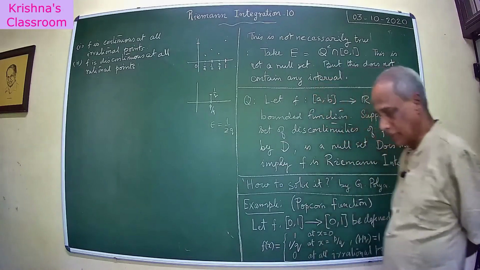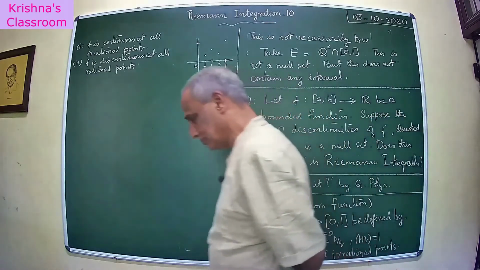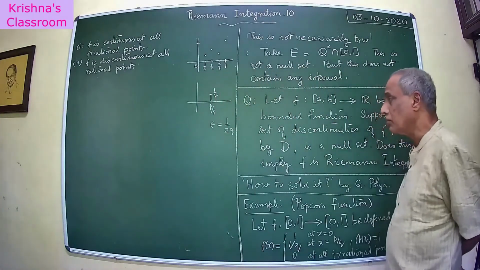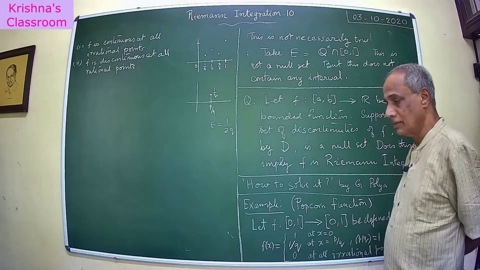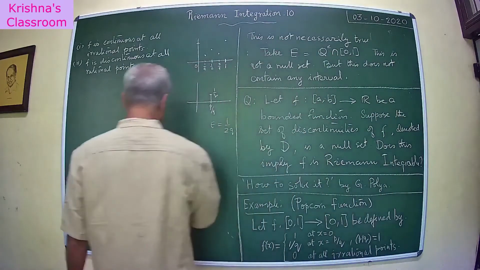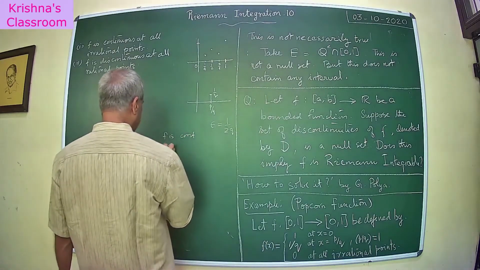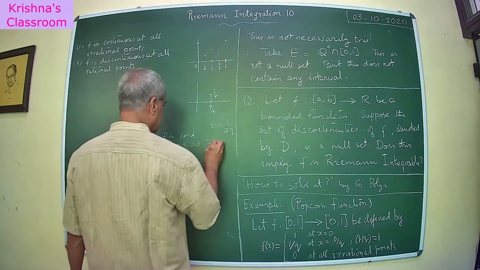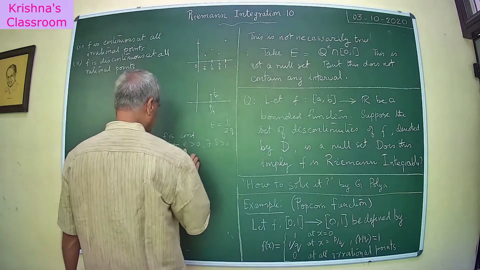There exists an epsilon such that for every neighborhood of this point... See, f is continuous if, given epsilon, there exists delta positive such that mod x minus p by q less than delta implies mod f of x minus f of p by q less than epsilon.